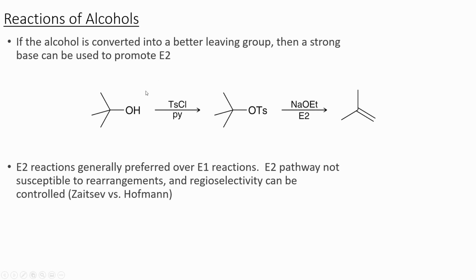If we have an alcohol that we're converting into a good leaving group, then a strong base can be used to push it in the direction of an E2 reaction instead of an E1 reaction. The benefit of pushing it through the E2 mechanism is that we're not going to form the carbocation.